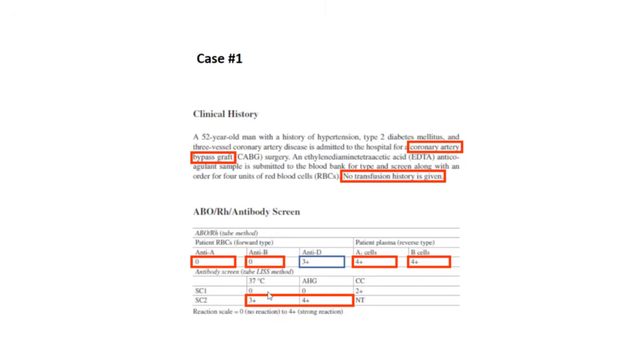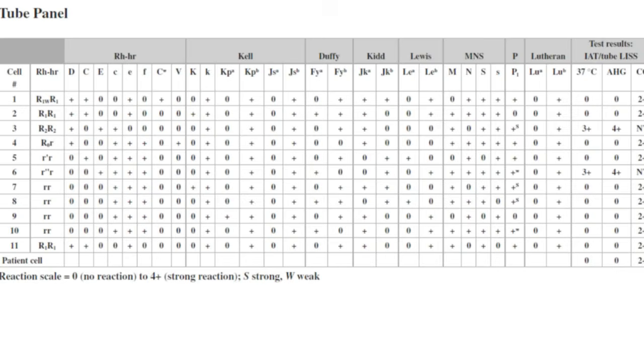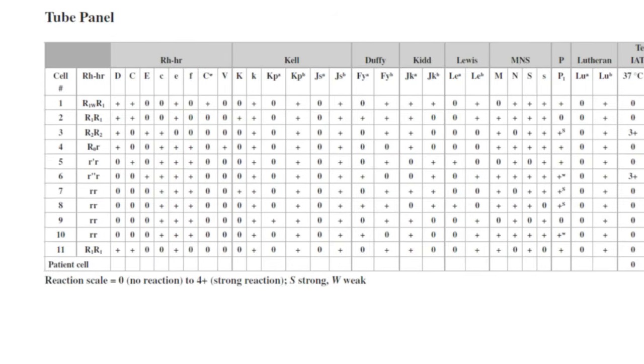But you can tell a little bit based on the pattern, and that one of the screening cells is negative, one is positive, so it lends itself more toward a warm IgG alloantibody reactivity rather than autoantibody. So what's the next step in the workup? So we would do a panel. Right. So the next step is we're doing an antibody panel here.